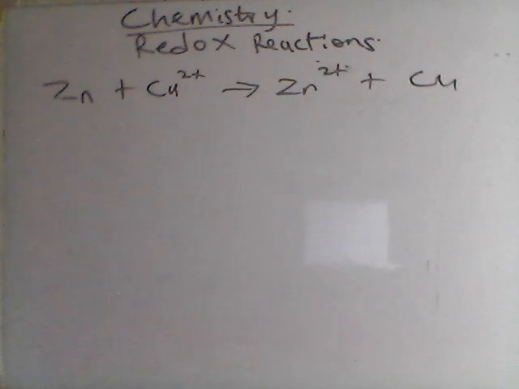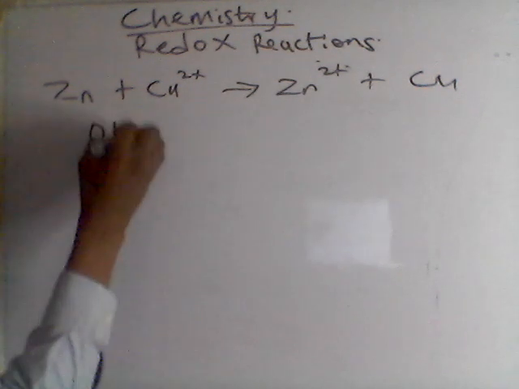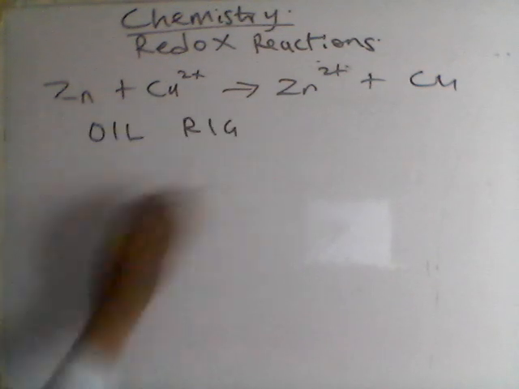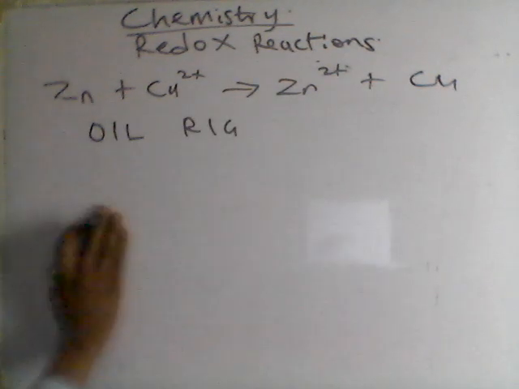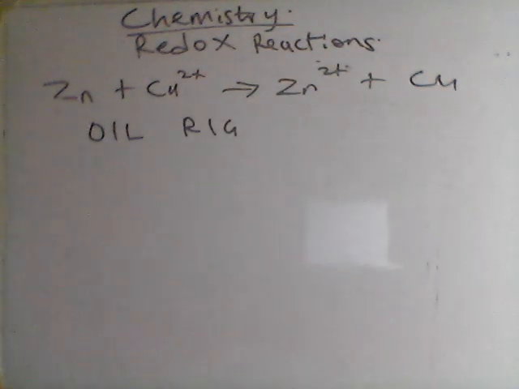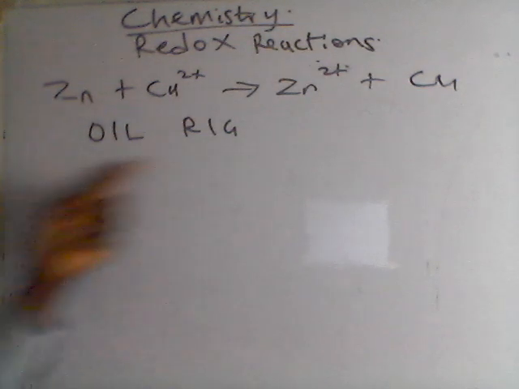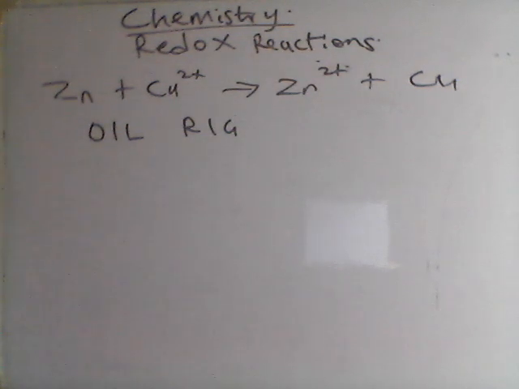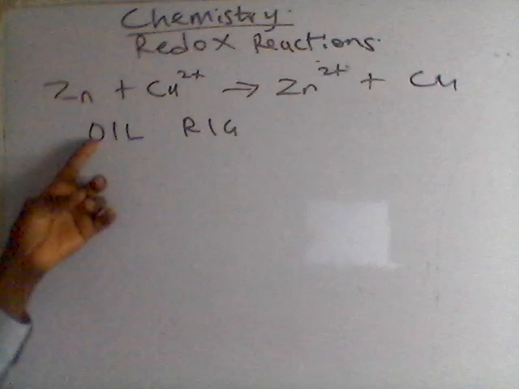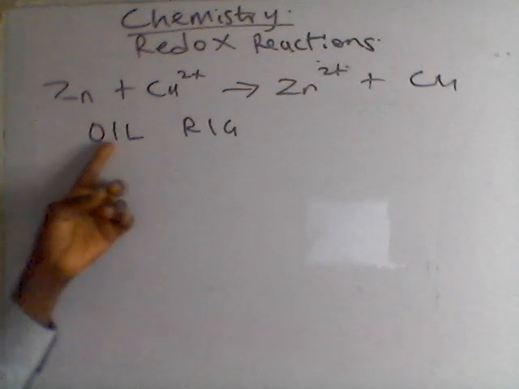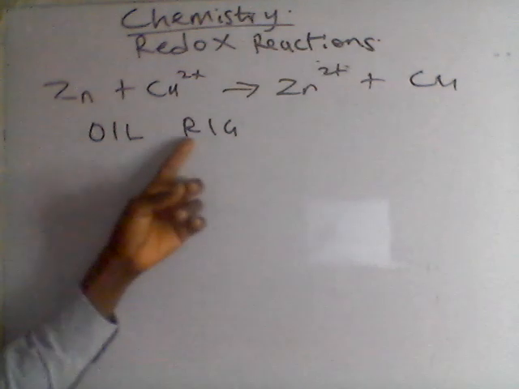Remember that mnemonic I shared with you? OIL RIG. Most of us want to work in oil companies where you have oil rigs. So OIL RIG is what we use in memorizing redox reaction, where O is oxidation. Oxidation is loss of electron, and reduction is gain.